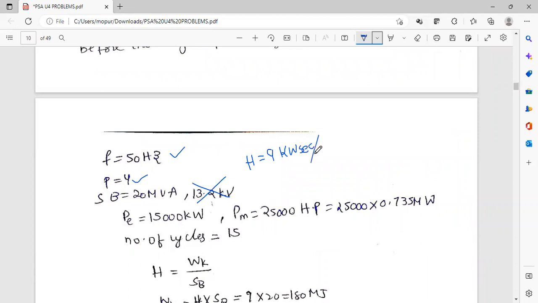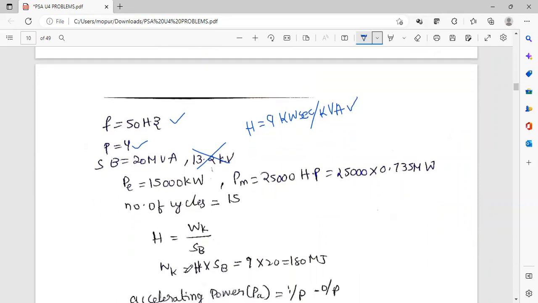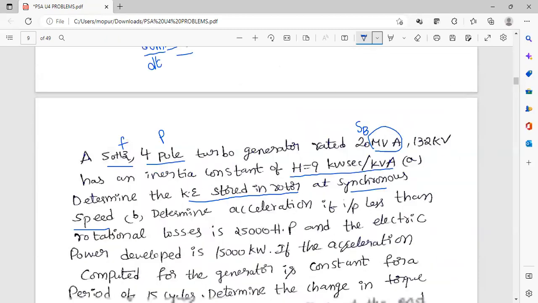So we know the value of H. We know that H is equal to WK by SB. In this, we know the value of SB and the value of H, so we can easily find WK, which is H into SB, which is 9 into 20, 180 megajoules.